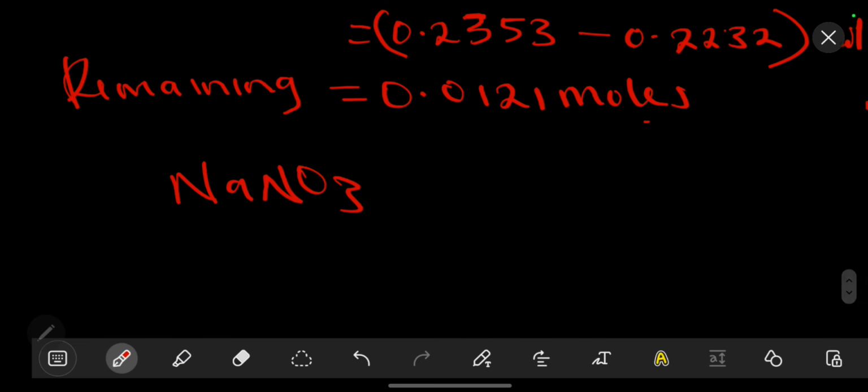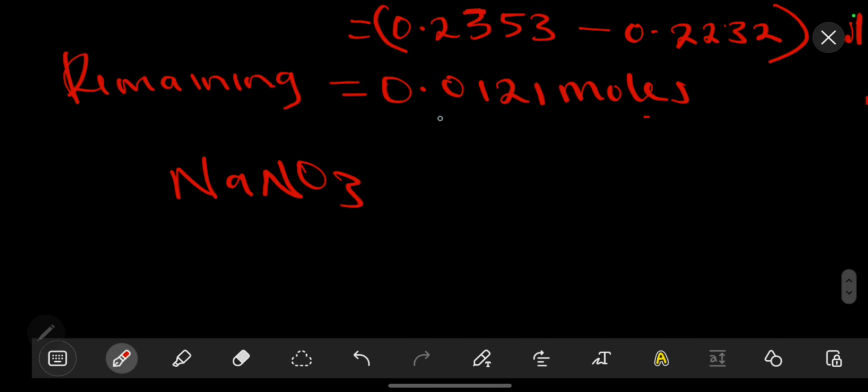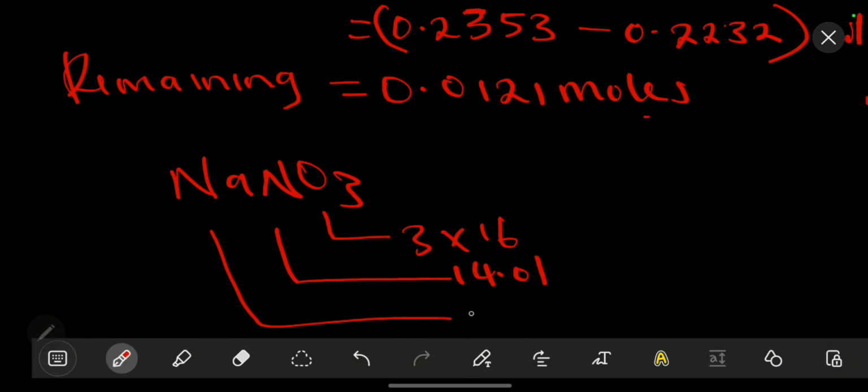So to find the mass now, we want the mass of the excess. Let's find the molar mass. I believe we have found this, which is 3 times 16, we have 14.01, and we have 22.99.